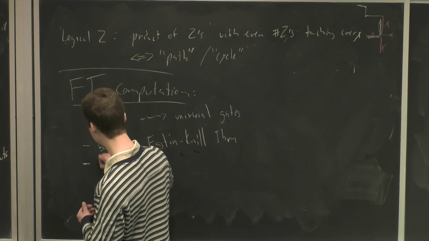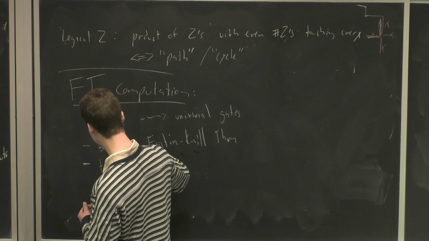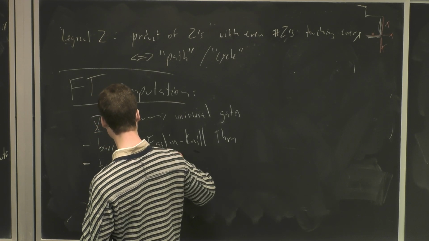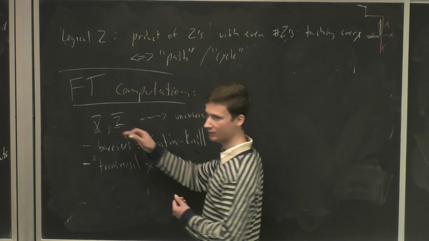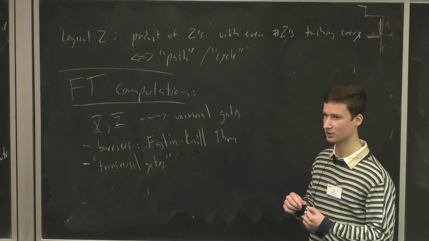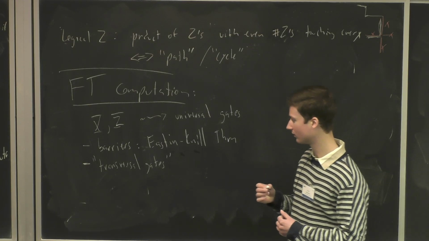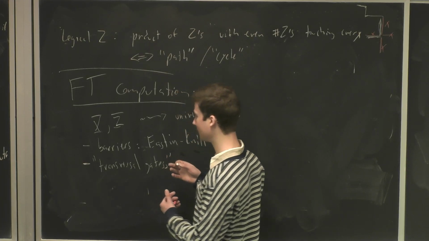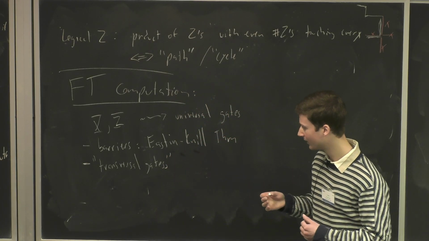And so if you've heard of the word transversal gates, these are essentially things like logical X and Z that only act on essentially one qubit position at a time. They don't interact different qubits. So that's one technique. We can do some gates like that, but we can't do universal gates like that.